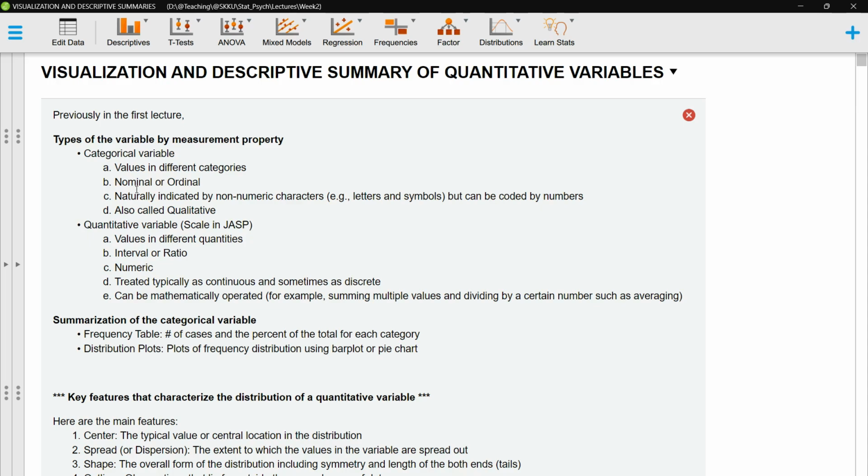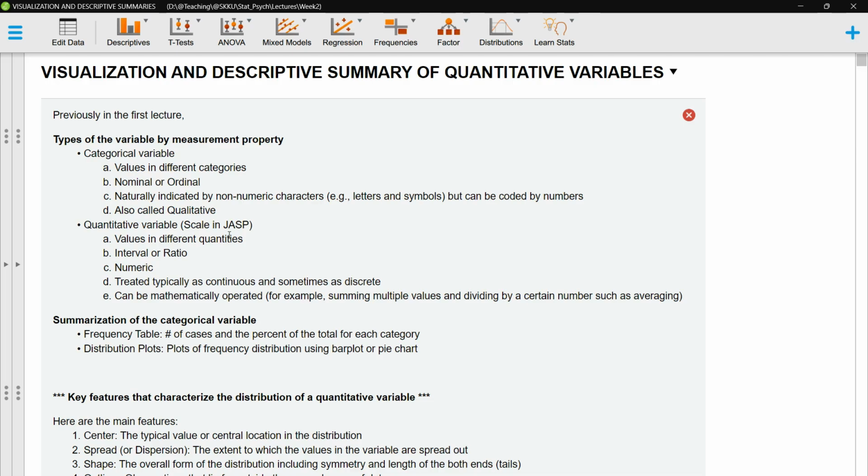The nominal variable is the categorical variable without any order. The ordinal variable is a categorical variable with some order, right? The typical example of categorical variable is the variable sex.